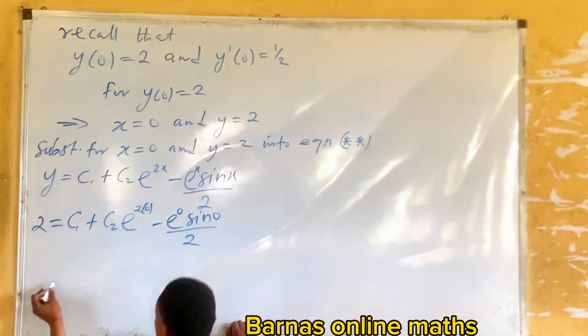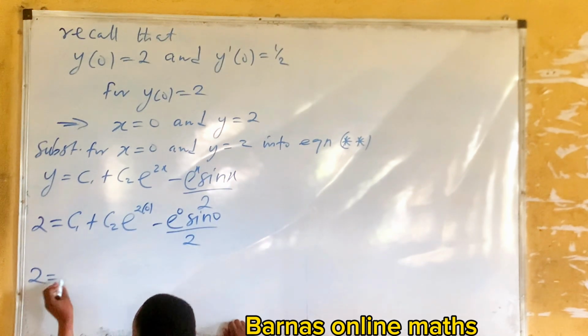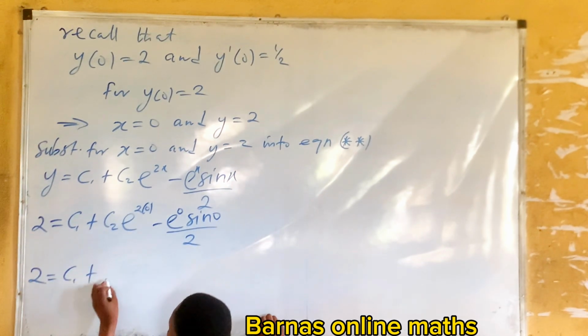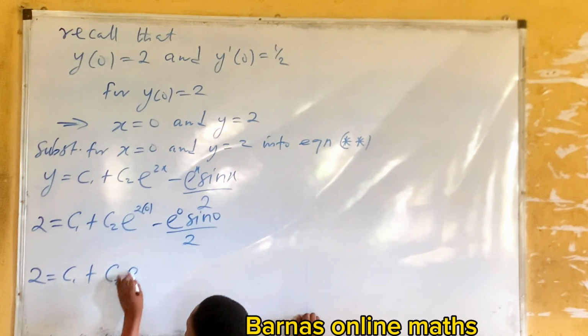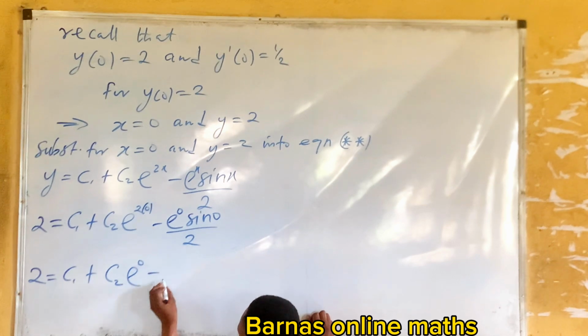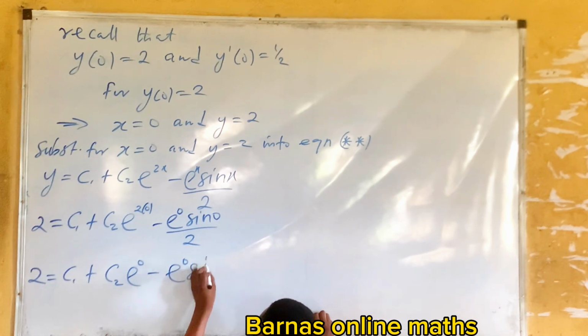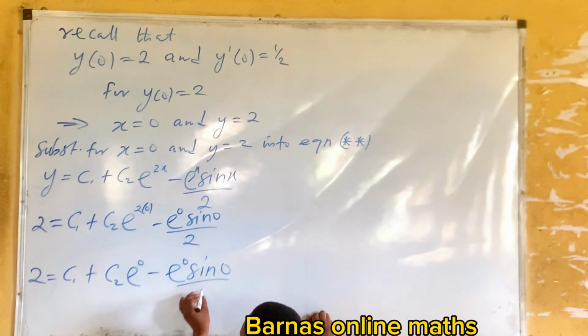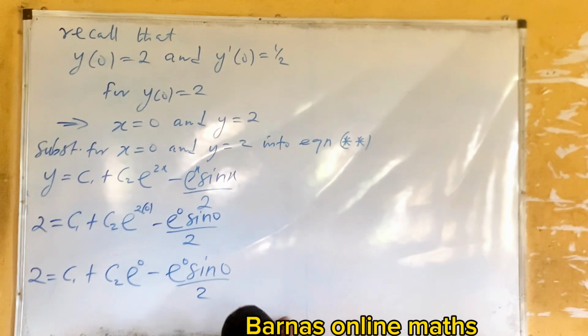Therefore, we now have 2 equals c1 plus c2 e to power 2 times 0, which will give us 0, then minus e to power 0 sine 0, all upon 2.